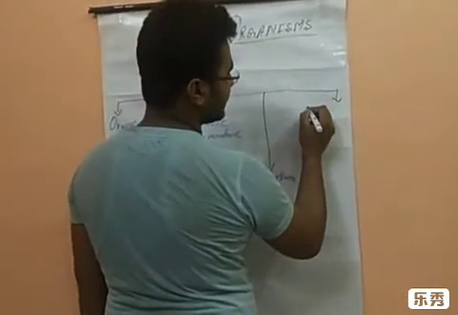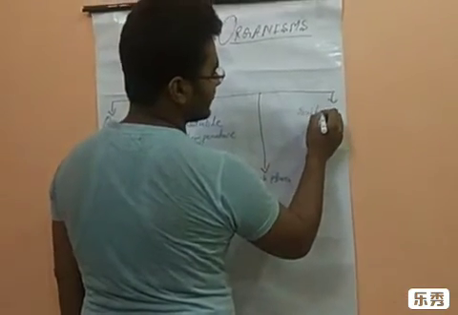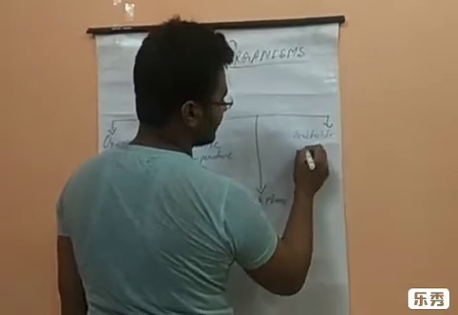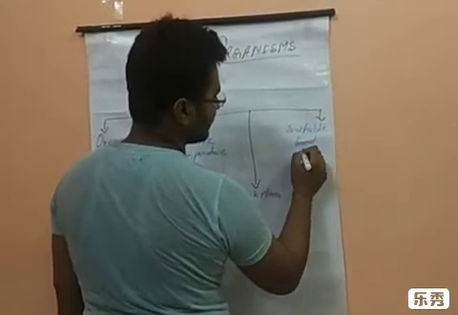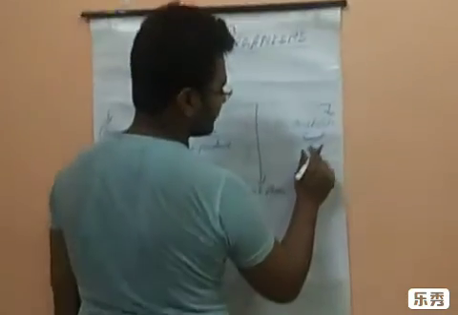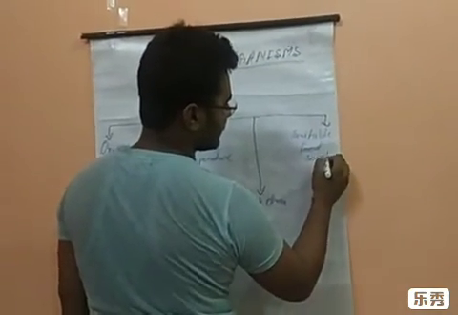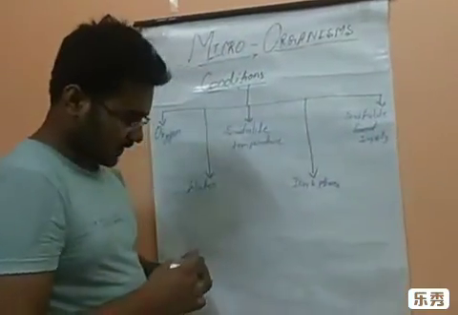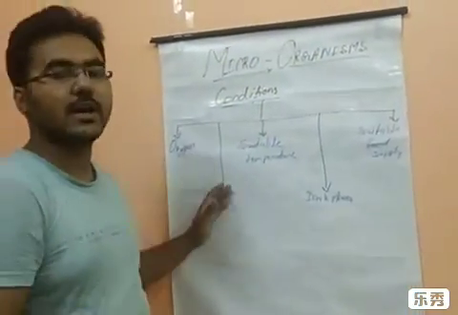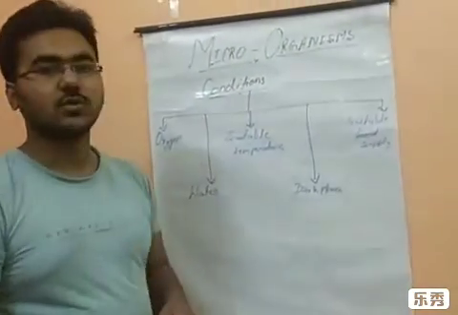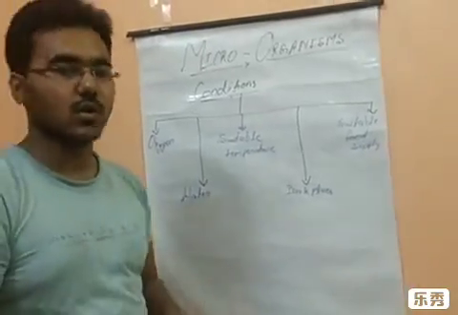And last one is suitable food supply. So these are the 5 important conditions which are needed by a microorganism to survive and to grow.